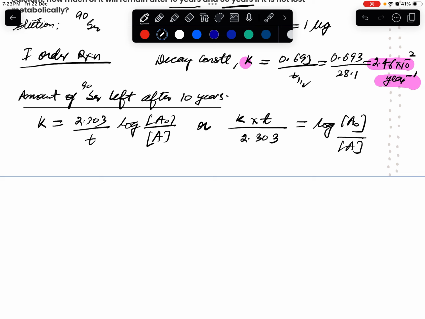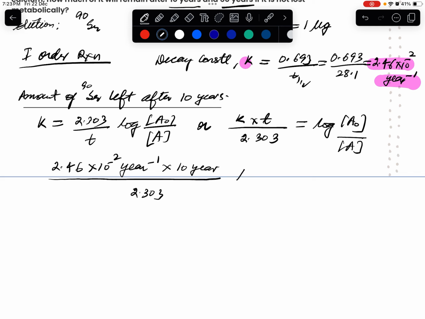Now we will put down the values. So 2.46 into 10 raised to the power minus 2 per year into 10 years, because we have to find out for after 10 years what change is there, divided by 2.303, is equal to log A naught, where A naught is the initial amount, 1 microgram. So this is equal to log of 1 minus log of A. We will subtract the quantity in the language of log, which is in the denominator.